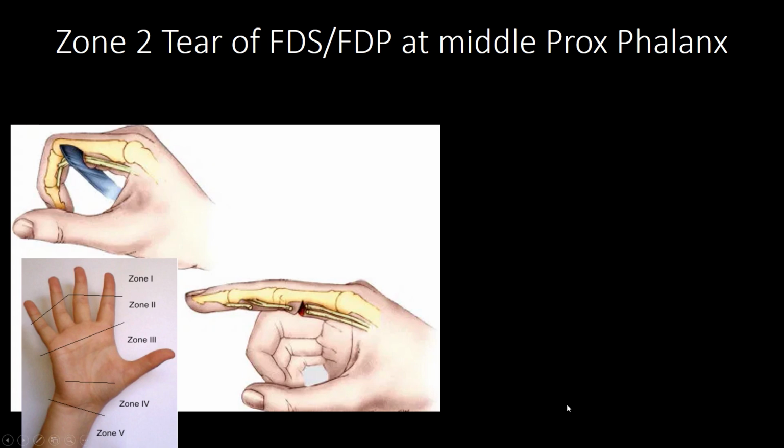And the hand is in that flex position. And then when the finger extends, especially when you're doing the ultrasound exam, you can see the extent of retraction those tendon fibers undergo because of when the laceration happened, and then they open and separate. So in Zone 2, both the FDS and the FDP are torn.